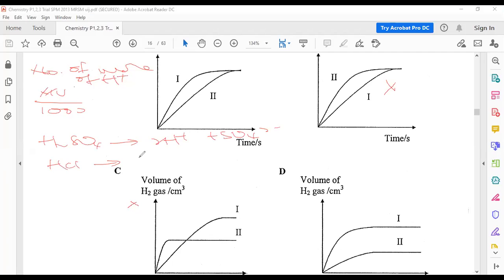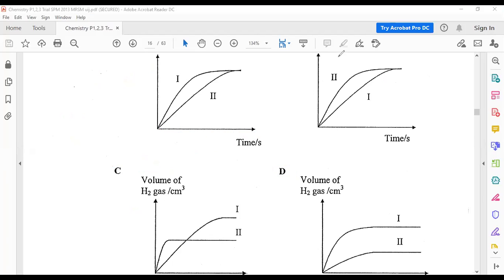For the HCl, it will form only 1 mole. Therefore, the volume of the gas which is released for experiment 2 will be lower than experiment 1. Therefore, your answer is D. That's why 1 is higher, 1 is lower. Okay, I hope you can understand until here.